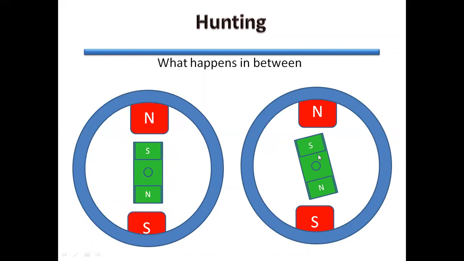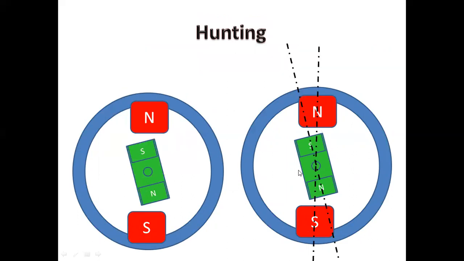Now, when the motor is loaded, the rotor falls back a bit by angle delta, and still it continues to rotate due to magnetic locking at synchronous speed. This angle of lag, as we know, is load angle delta.